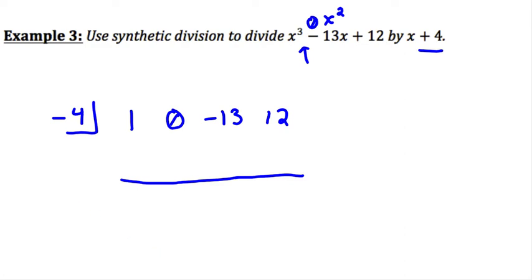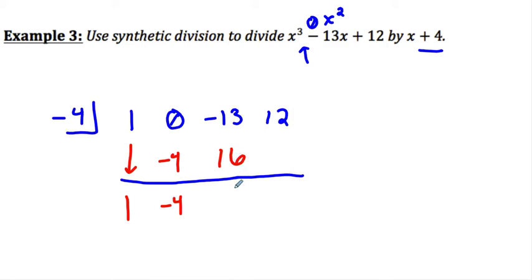All right, now we're starting it off the same way. We're going to take that first number, that 1. We don't ever do anything with it other than bring it down. Now we multiply. 1 times negative 4 is negative 4. And then add. Easy adding happening here. That's 0 plus negative 4, which is just negative 4. Negative 4 times negative 4 is a positive 16.